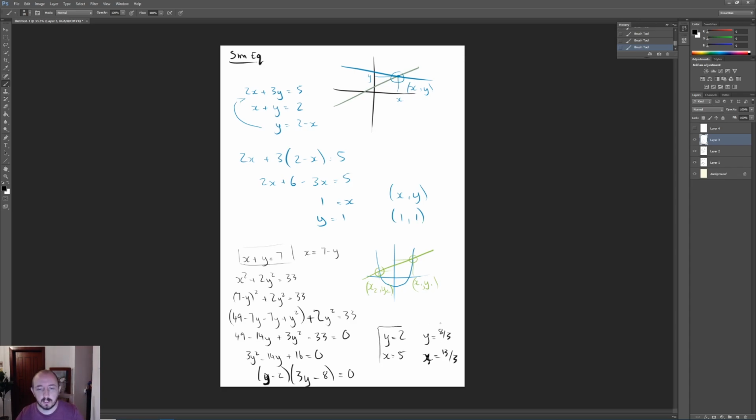Alright, so this is how you do them. If you ever see a question that's got the words intersection, that's probably going to be simultaneous equations. Okay? If you see anything crossing over, like you actually see it on a graph and it says solve these simultaneously, then you're looking for the point of intersection of those two graphs.